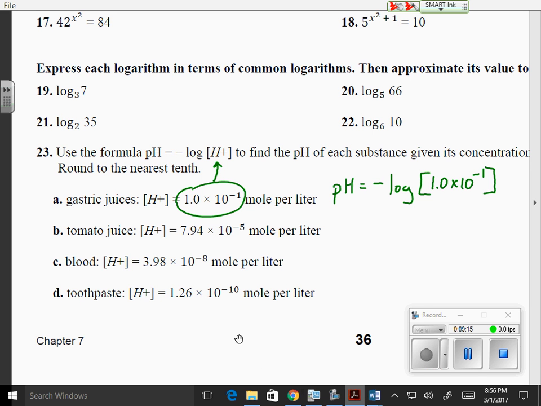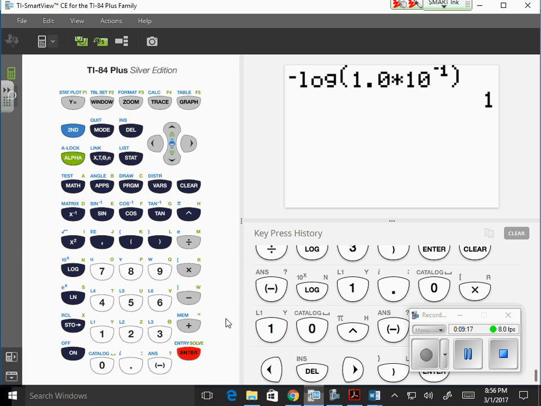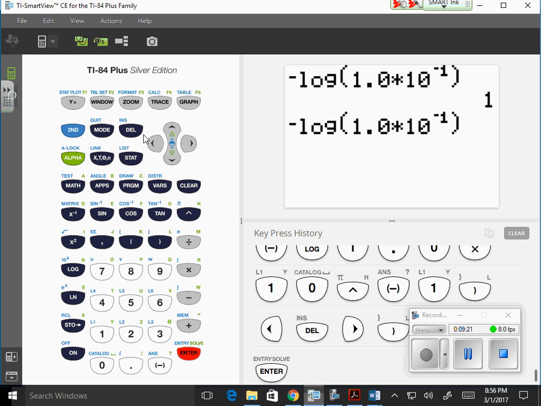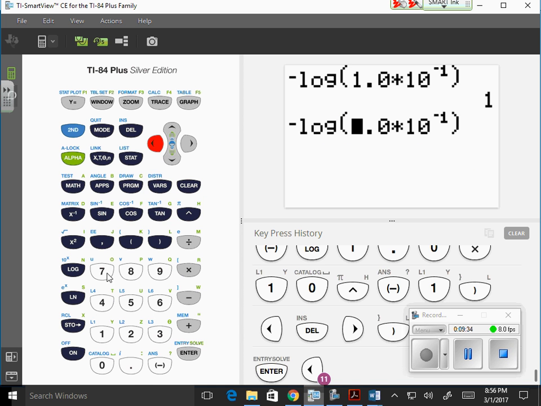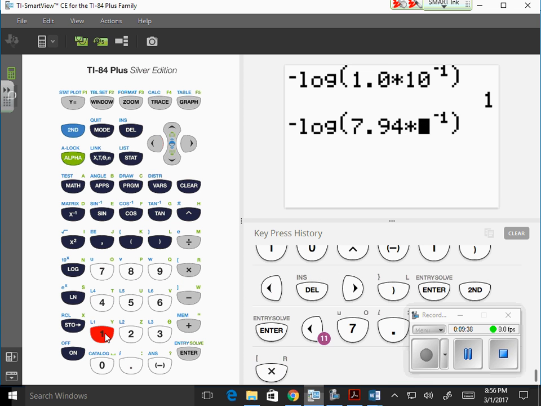If we do the next one, sure, it'll be a little bit different. We'll put 7.94 times 10 to the negative 5th. If I do second enter, I don't have to type everything again, except for what I have in parentheses. And so in parentheses, I need to put 7.94 times 10 to the negative 5th.